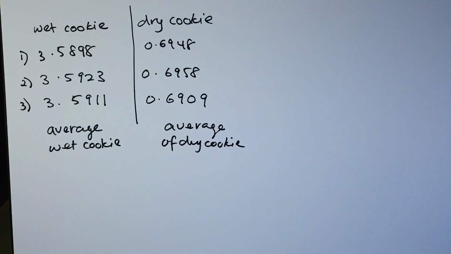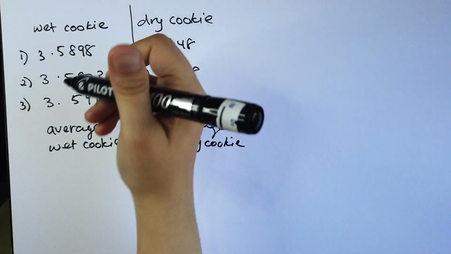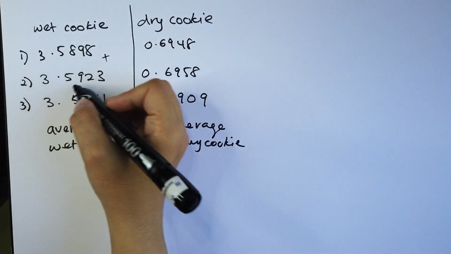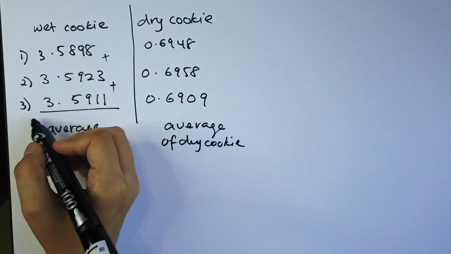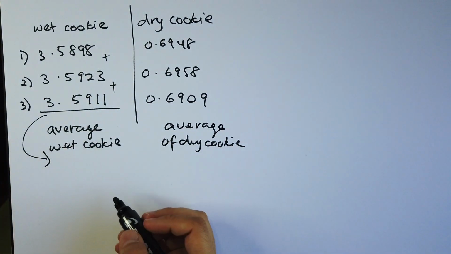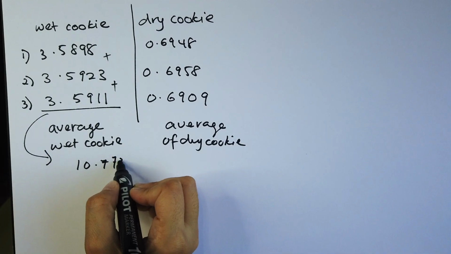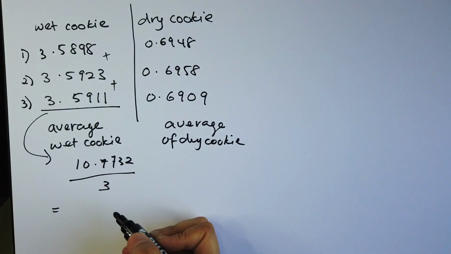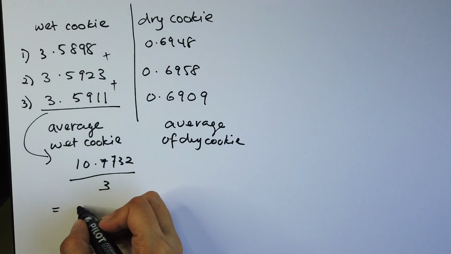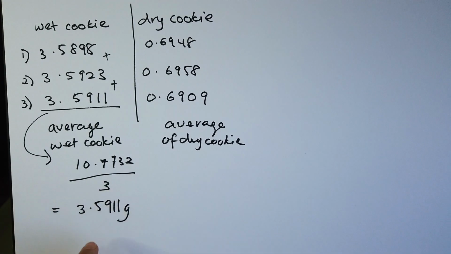For the average of wet cookie, you just do the value for number 1 plus value for number 2 plus value for number 3, divided by 3. You should get 10.7732 divided by 3, and then the average for wet cookie is 3.5911 gram.